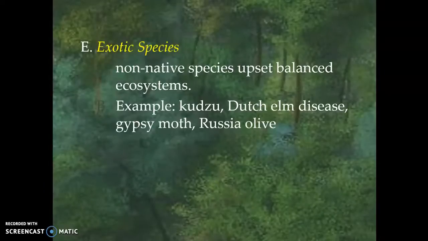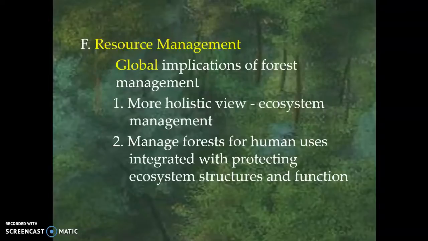Exotic species are upsetting those balanced ecosystems, things like kudzu in California, things like Dutch elm disease, gypsy moth, Russian olives, and as you should already know, mullein that moves in after a disturbance. So another important concept that I'm ending with today is resource management and the global implications. What we're looking at is a more holistic view of ecosystem management and managing forests for human uses, integrating natural ecosystem structures and function, and protecting them as much as possible.